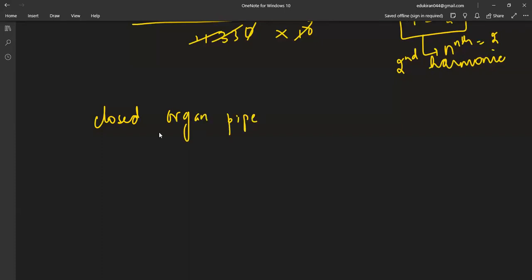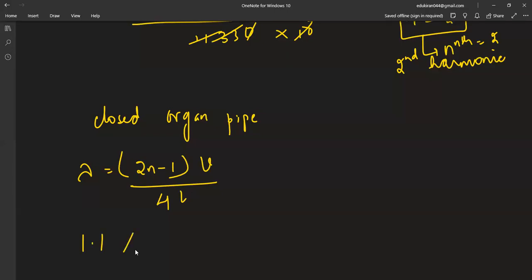Now when we are talking about closed organ pipe, frequency is equal to (2n minus 1) v by 4L. Frequency is 1.1 into 10 to the power 3. N is 2 for the open organ, so for closed organ we first find the value of n.